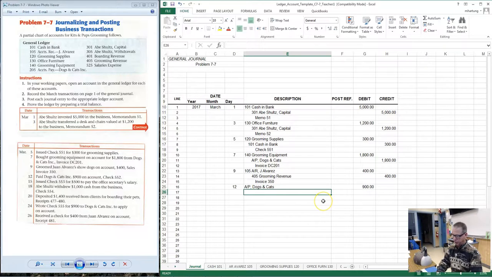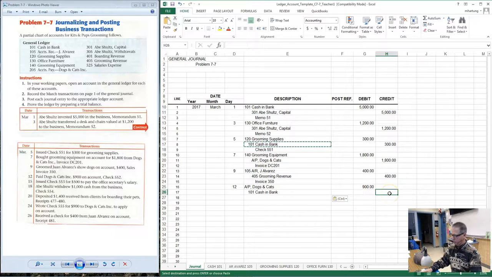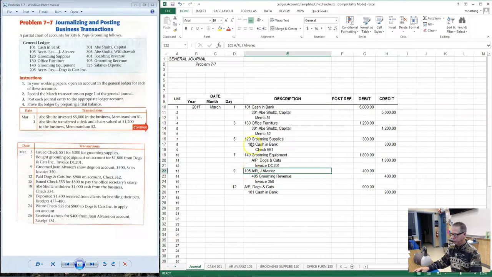And then we used cash. I'm going to copy the credit cash. Maybe it will copy over the formatting too. That'll be fine. 900. And the only problem with this is I forgot to put the account number on there.